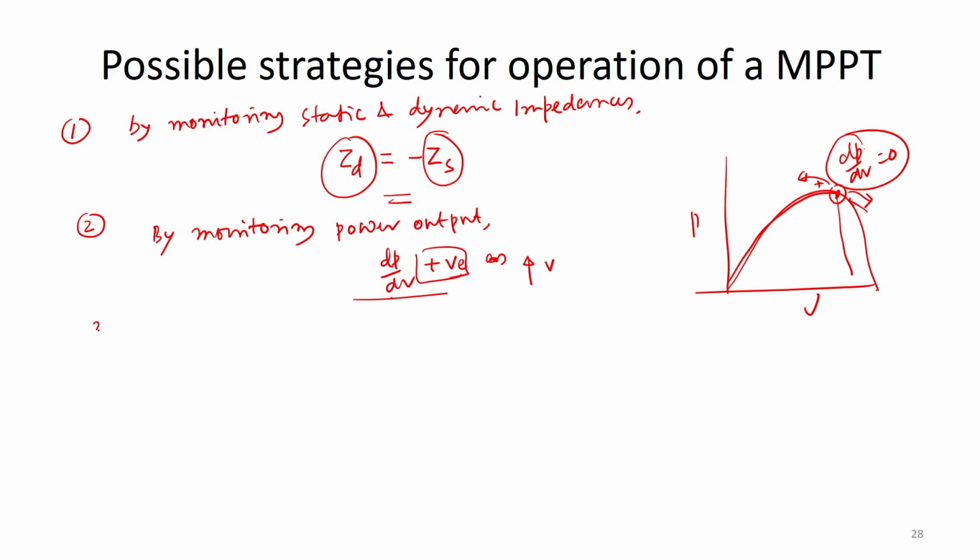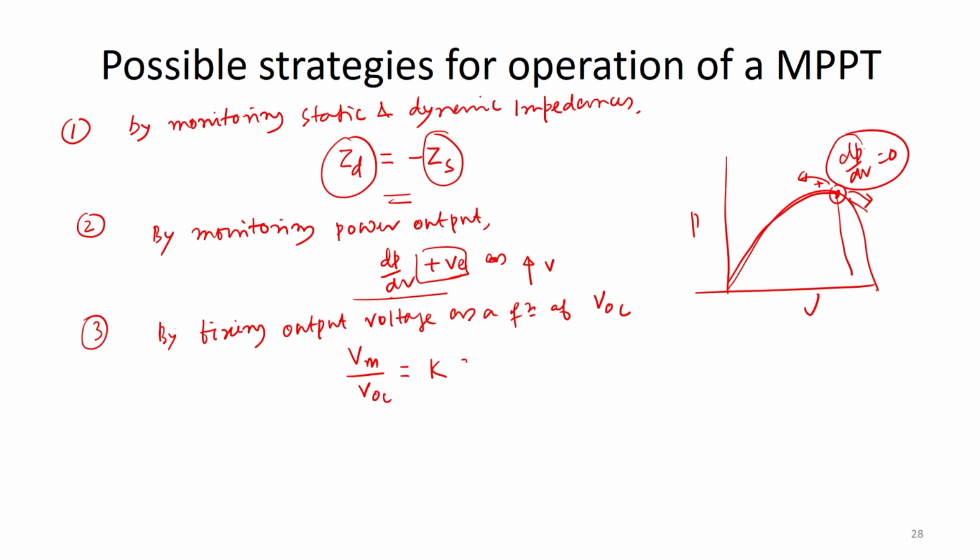This is the second strategy, and the third strategy is by fixing output voltage as a function of VOC. Okay? It is something like Vm by VOC is K, okay? Or you can write Vm can be calculated by K multiplied by VOC. Okay?